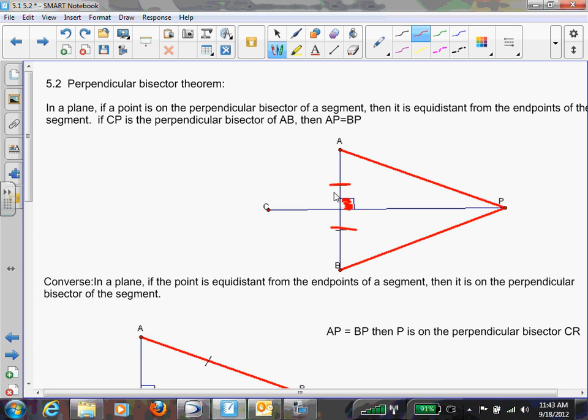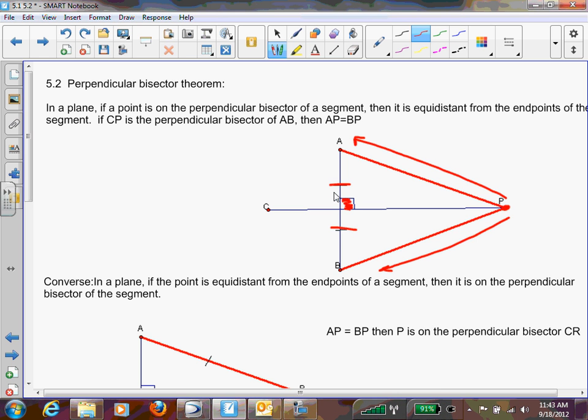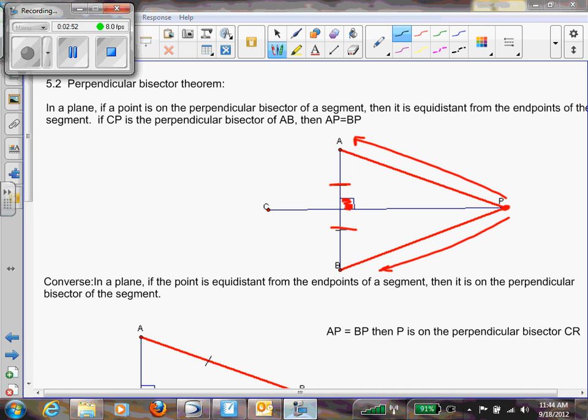Then, if I put a point on that perpendicular bisector and draw the lengths to each endpoint, the perpendicular bisector theorem says those lengths are congruent. So again, these two lengths will always be congruent.